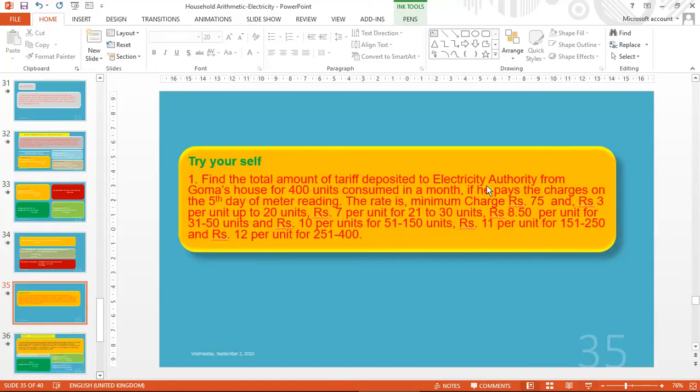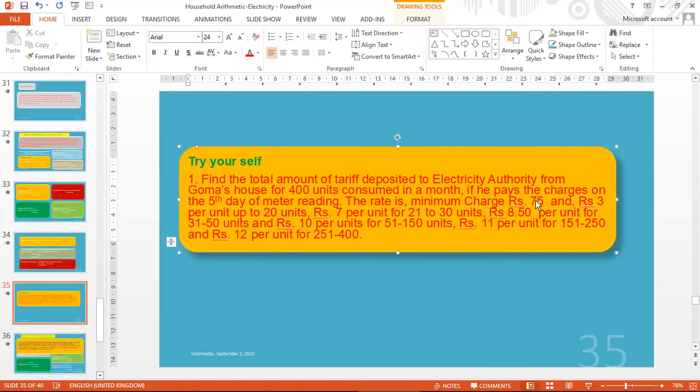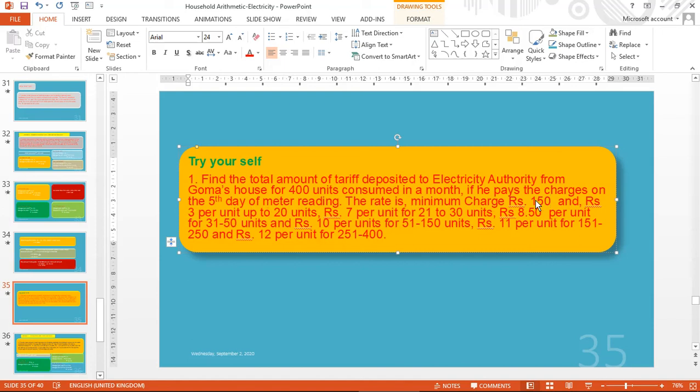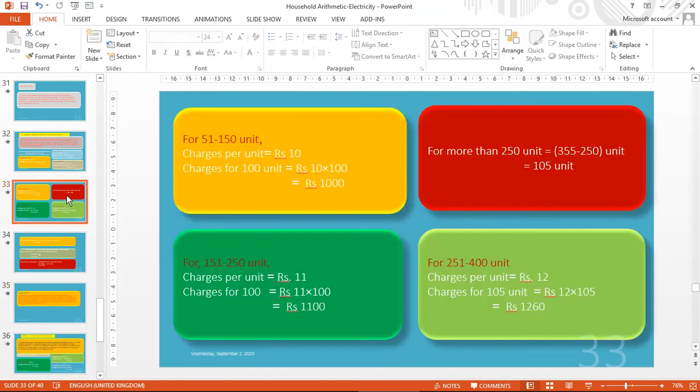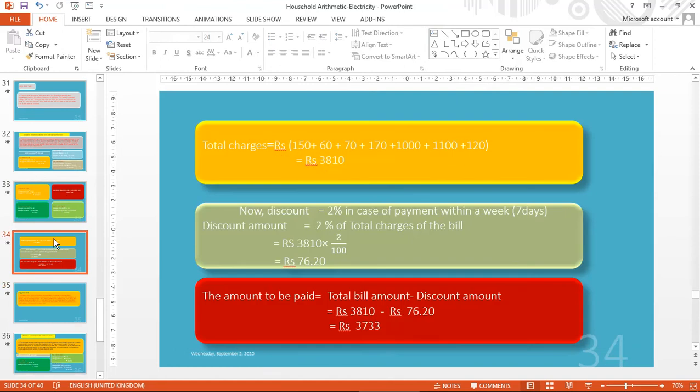Oh, 150? 150 rupees, yeah? 150 rupees. Can you solve now, dear students?